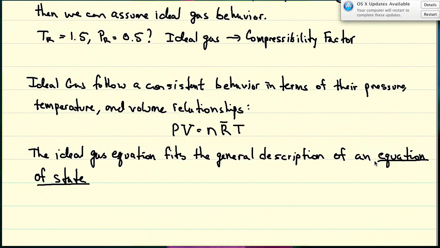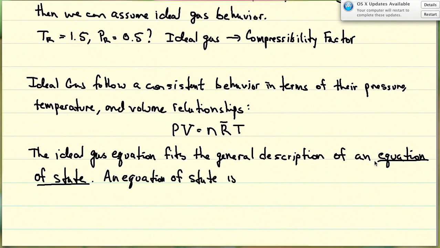Okay, equation of state. So what is an equation of state? An equation of state is one which relates certain properties to one another.